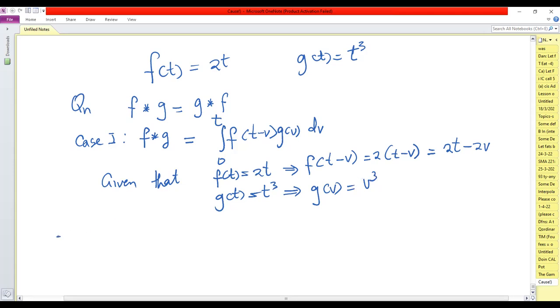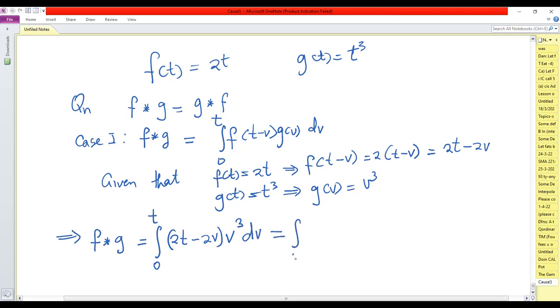So therefore, the convolution of f and g will be given by the integral from 0 to t. Where there's f of t minus v, we replace it by 2t minus 2v, and then g of v is v cubed, dv.